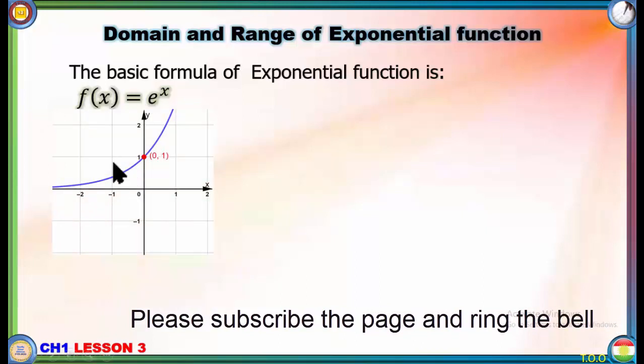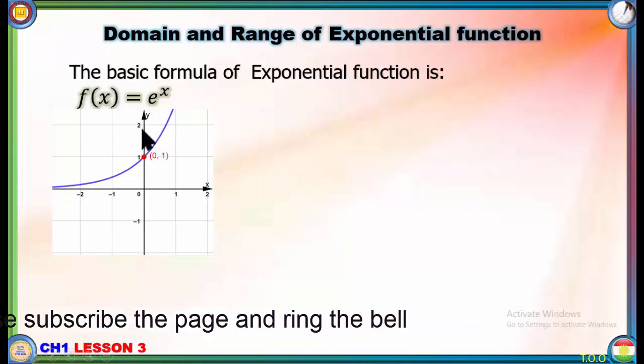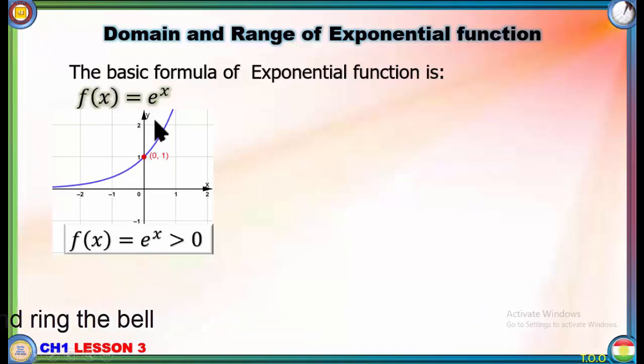If we draw the graph of this function, it is like this, which intersects with the y-axis at (0, 1). Because the graph of e to the x is above the x-axis, therefore e to the x is bigger than 0, which means positive for all x.